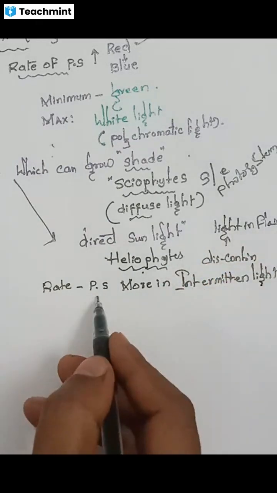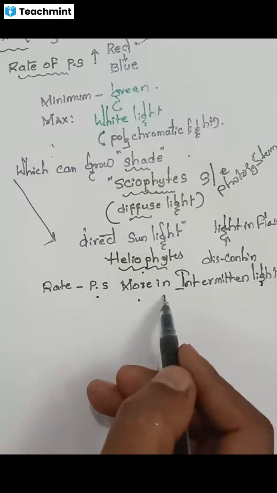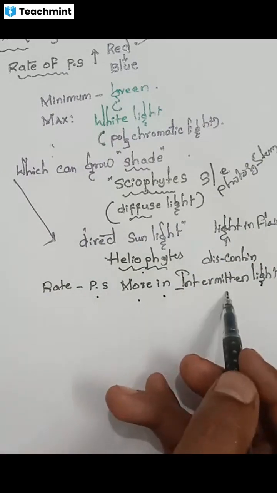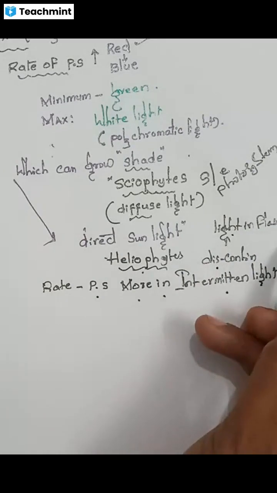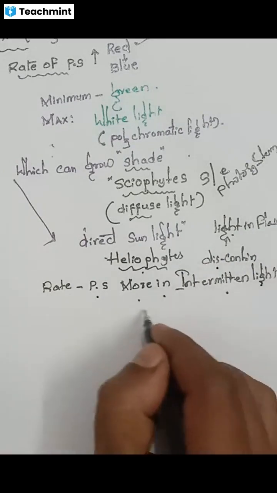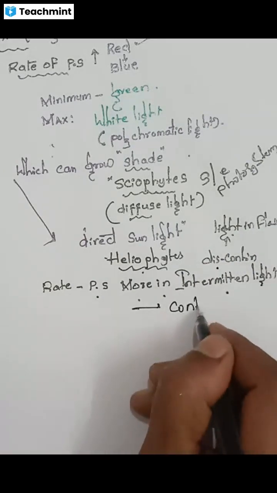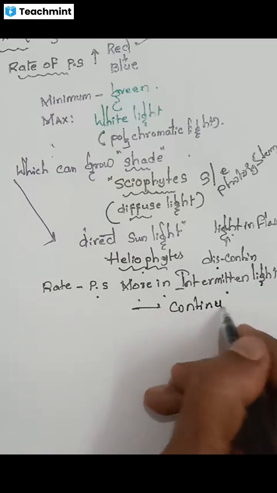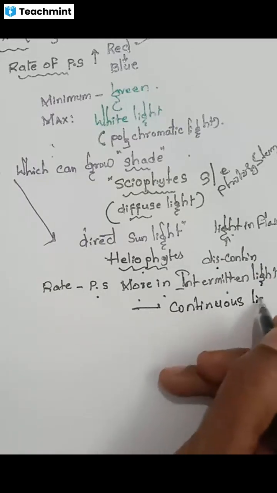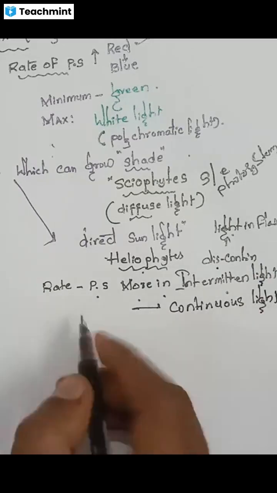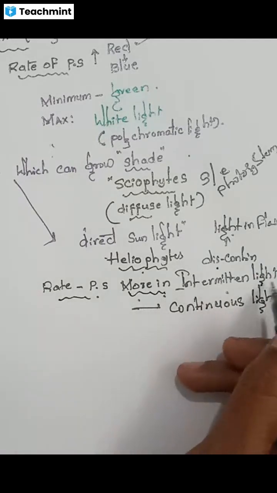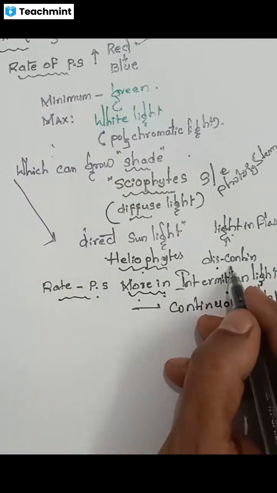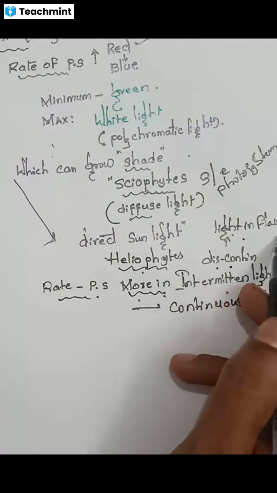The rate of photosynthesis is more in intermittent light, or discontinued light, or light in flashes, than in continuous light.